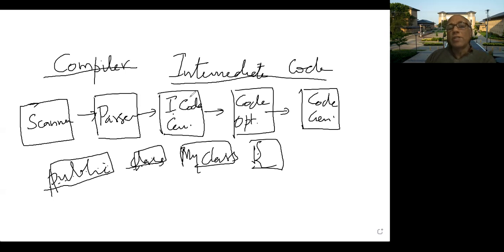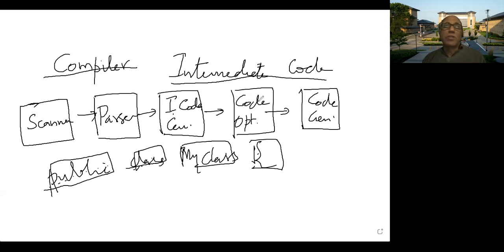It is not as difficult as machine code, but it is more difficult than reading Java code. Okay, and once the intermediate code is created, you figure out if there are any opportunities for optimizing it so that the code runs faster. And after the intermediate code is optimized, you take the intermediate code and then convert each of those intermediate code pieces into the machine code.